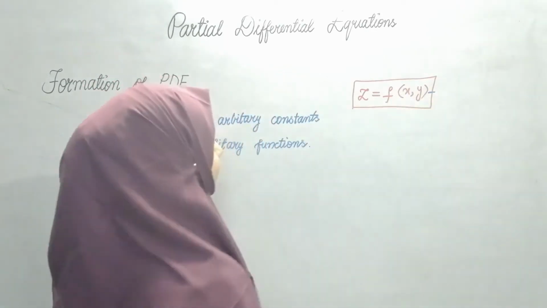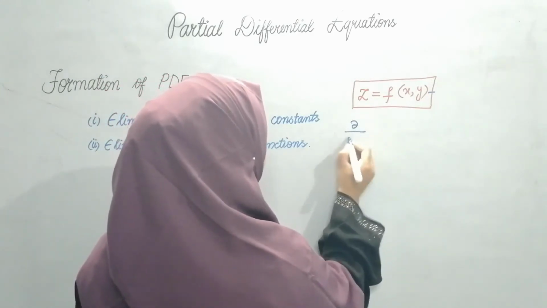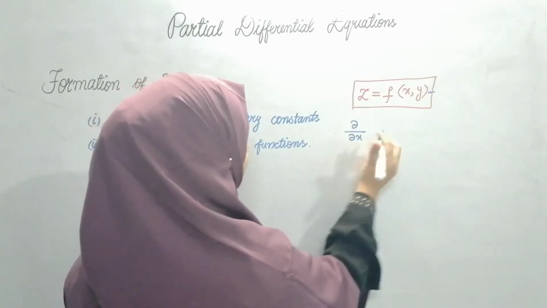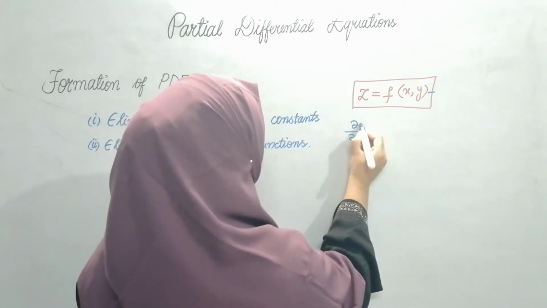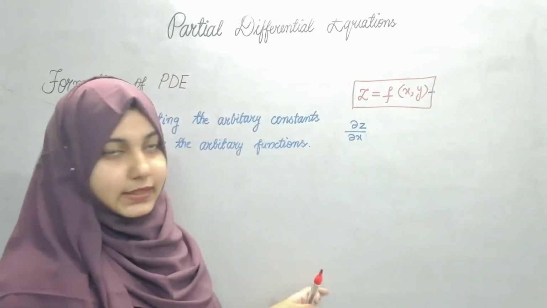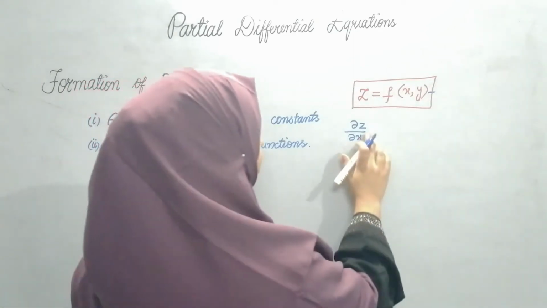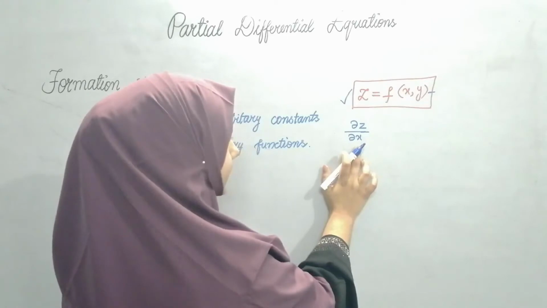Let's see, if I differentiate with respect to x, this will be dou by dou x. With respect to x I'm doing, so dou by dou x of z, or simply I can write dou z by dou x, one and the same. This is when I am differentiating z with respect to x.